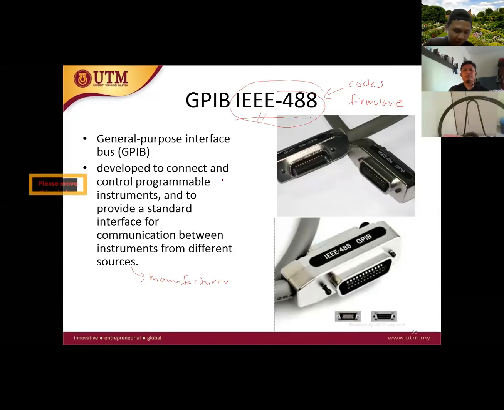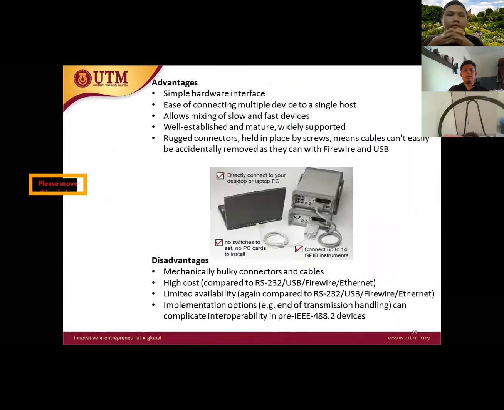So a manufacturer, a company that produces instruments, for example HP, or other big companies that produce instruments, other companies can use this code as a communication device between instruments. It's an industrial-based standard.